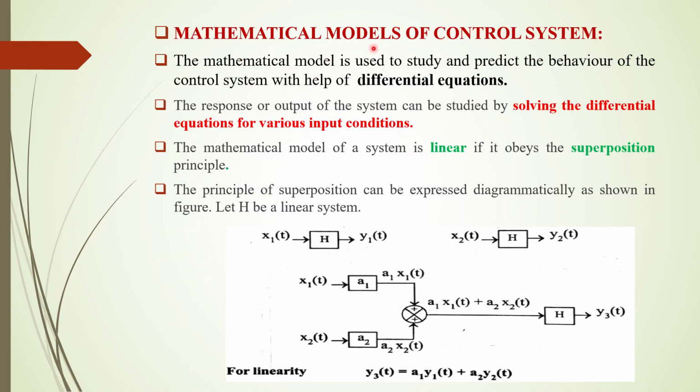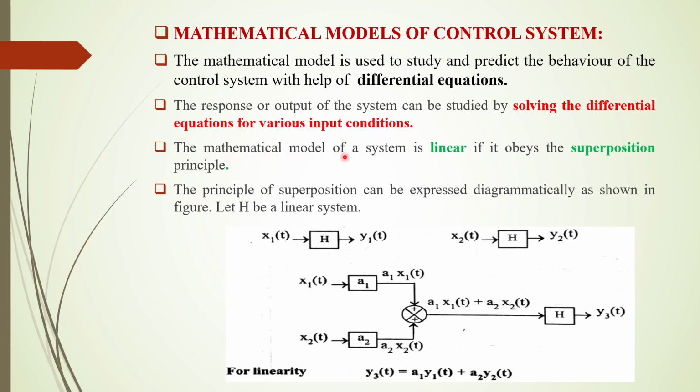Next, mathematical models of control systems. Why do we need a mathematical model? The mathematical model is used to study and predict the behavior of the control system with the help of differential equations. The response or output of the system can be studied by solving differential equations for various input conditions.